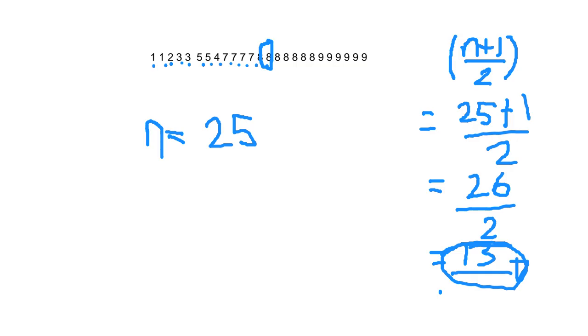Okay, so now if your brain's just been blown, I hope in a good way. Okay, so let's now take away one of these numbers so that it is even. Let's take out a 9. Okay, so now n is 24. So now we have an even number.